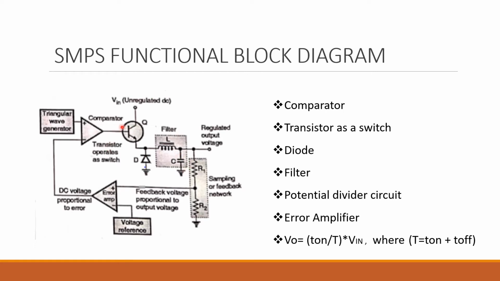If transistor is off, this transistor is acting as open circuit, hence there is no connection between unregulated DC and this filter section. In both the cases you are going to get same output voltage because output voltage that we are getting at V0, which is depending on duty cycle of pulse that you are giving at base of this transistor.